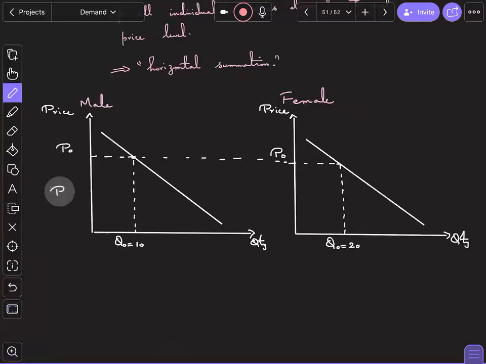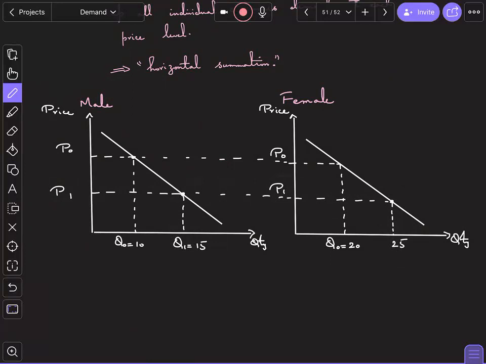And if the price goes down to P1, then more quantity will be demanded by both males and females. Let's say Q1 is 15, while at P1, females were demanding, let's say, 25. So these are the respective quantities demanded by male customers and female customers.